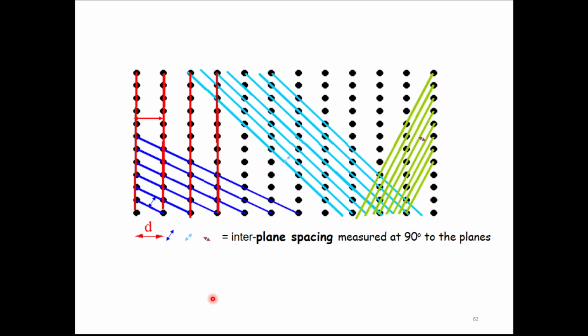Okay, this is a very simple crystal lattice. In this crystal lattice we have an infinite number of choices to define planes, lattice translational vectors, and unit cells.